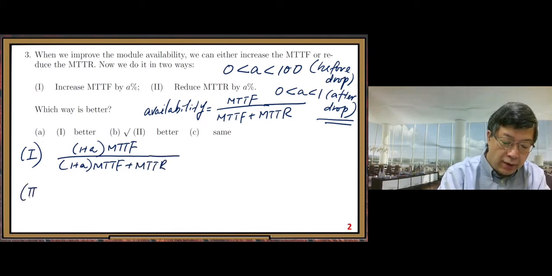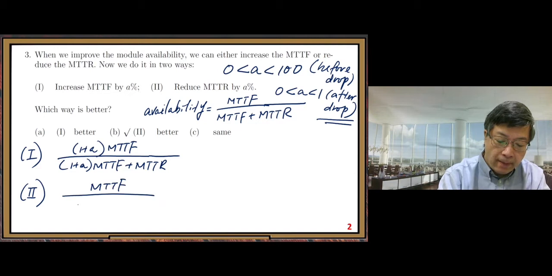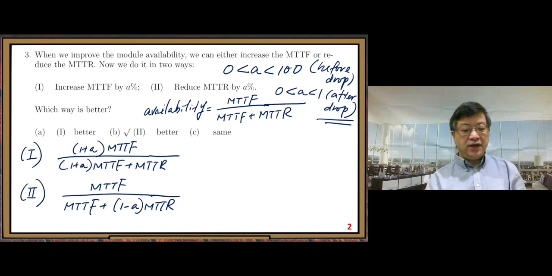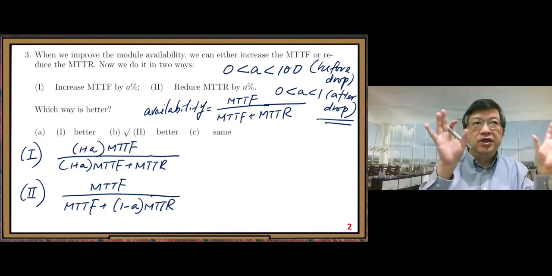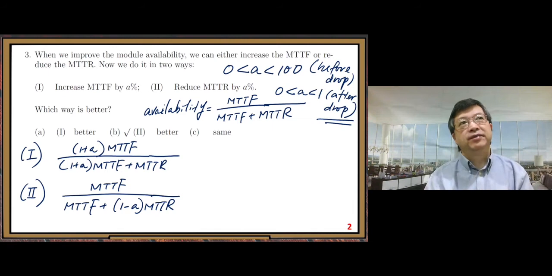The second way: same MTTF plus 1 minus A times MTTR. So you can see if we compare directly, it is not very convenient.